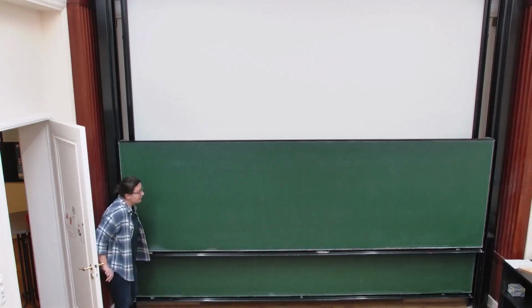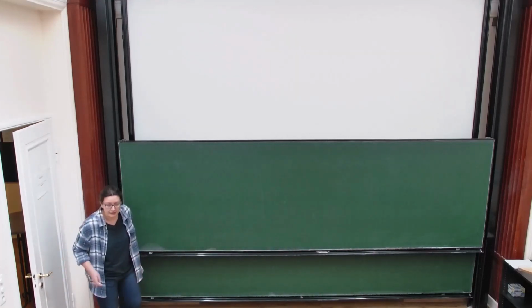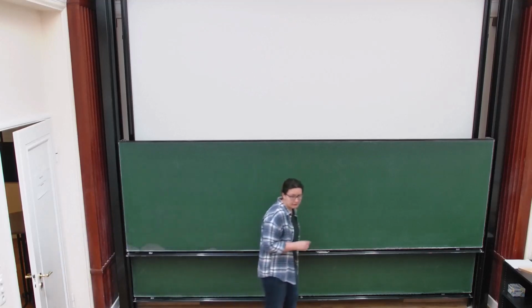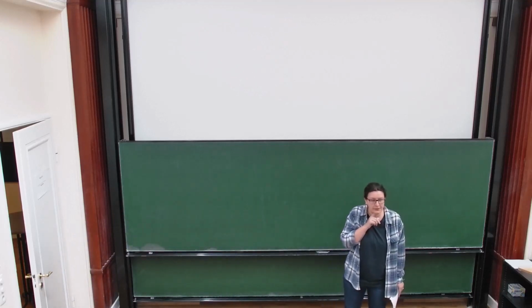Thank you. So I'll continue. Yesterday we talked about the main theorem that I announced in the first lecture, but on the plane. Today we are going to deal with it in R3.